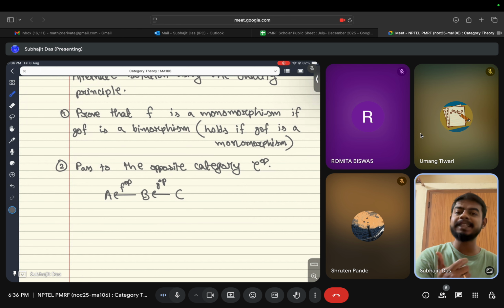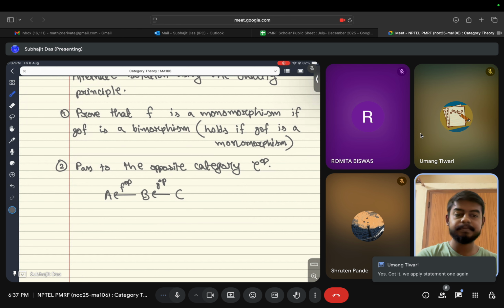This was proved in the category C, but C is just an arbitrary category, so this result will hold in every category. In particular it will also hold in the category C op. So whenever the composition of two morphisms is a bimorphism in a category, the first morphism is a monomorphism. Yes, exactly.